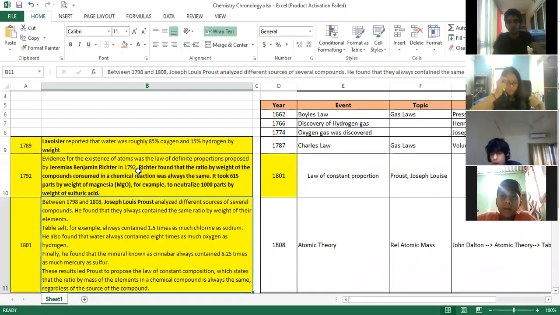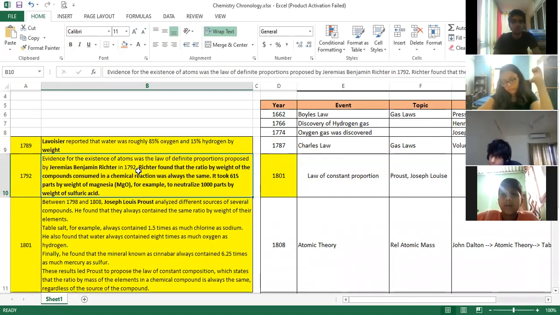Now if you see this, people are doing different experiments in different ways. Here he's talking about a neutralization reaction. We will not go into it now. But people are asking, how much should I take? Some 615 parts by weight. It means if I take 615 grams, then I can neutralize 1000 grams of sulfuric acid by weight.